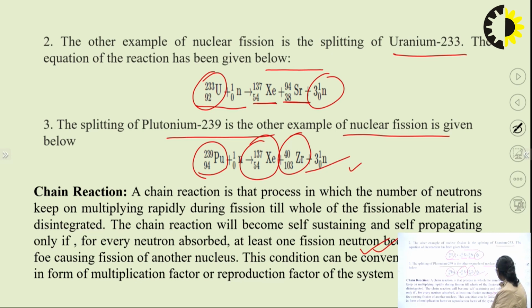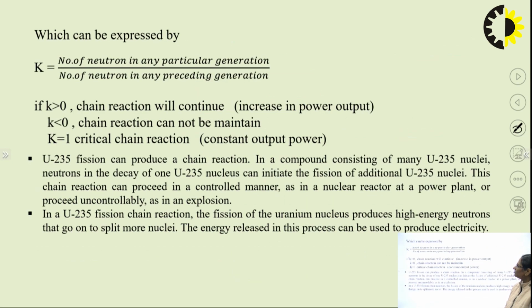This condition can be conveniently expressed in the form of the multiplication factor or the reproduction factor of the system. It can be expressed as K equals the number of neutrons in any particular generation divided by the number of neutrons in the preceding generation.